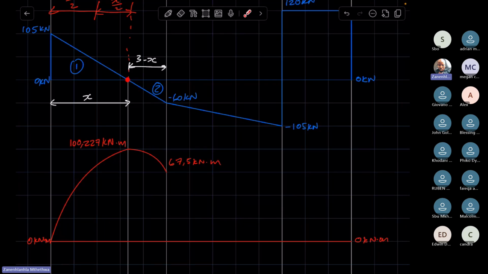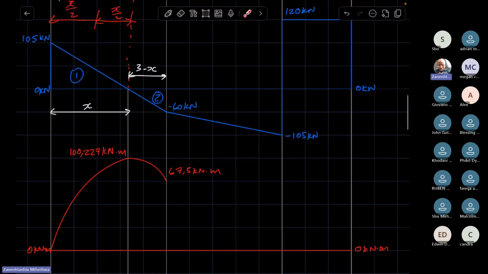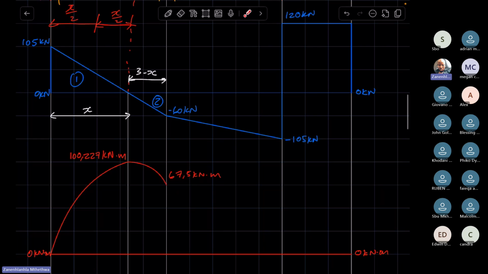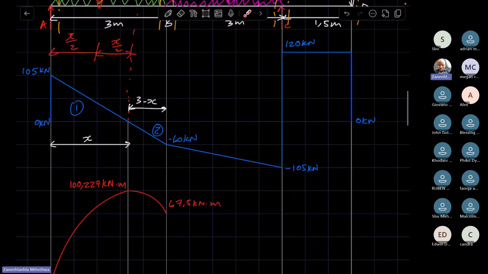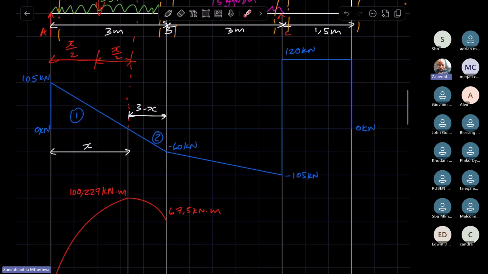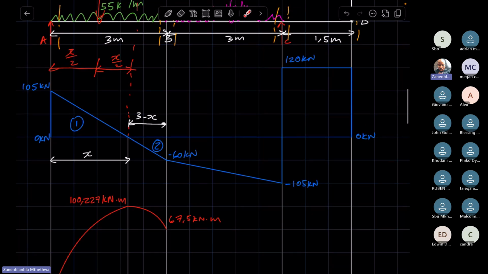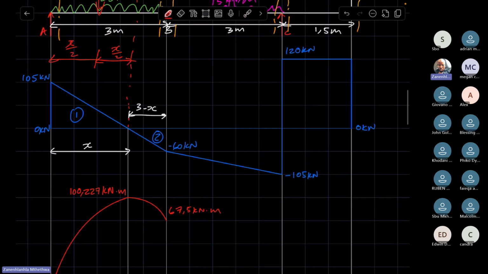We had already calculated the bending moments at this point as well as this point. And we know that at the ends of the beam, the bending moment is 0. So this here is point B. That is why it is important that you draw lines going straight down for each of your critical points. We good? Yes, sir.